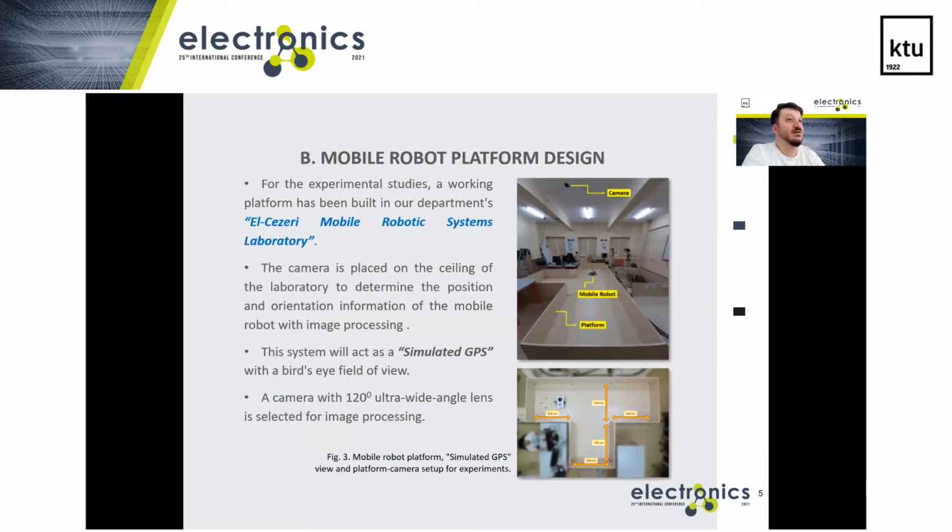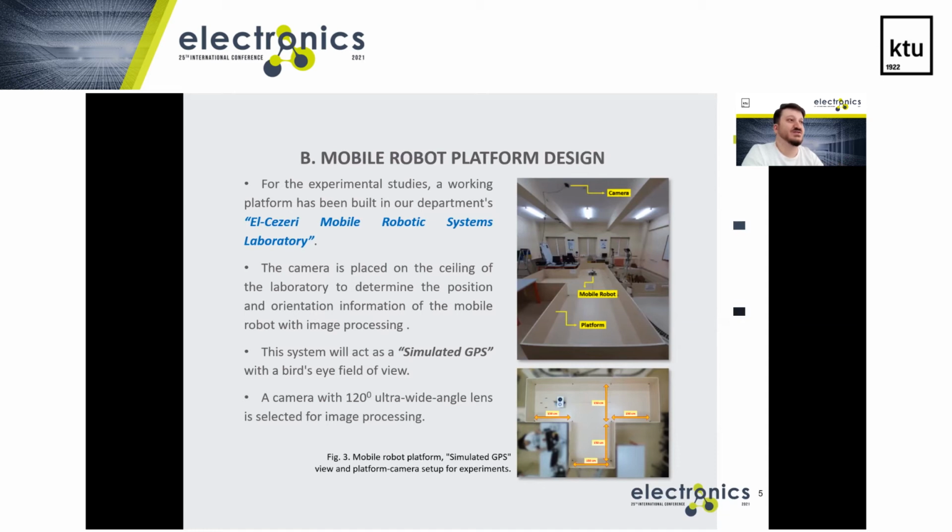And we built a mobile robot platform in our lab, the Yildirim Mobile Robotic Systems Lab. A camera is mounted on the ceiling of the lab, as I said before, for the localization of the mobile robot, to determine its posture and orientation, the heading angle, through image processing.